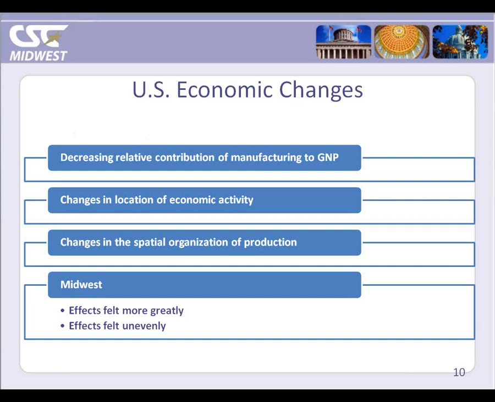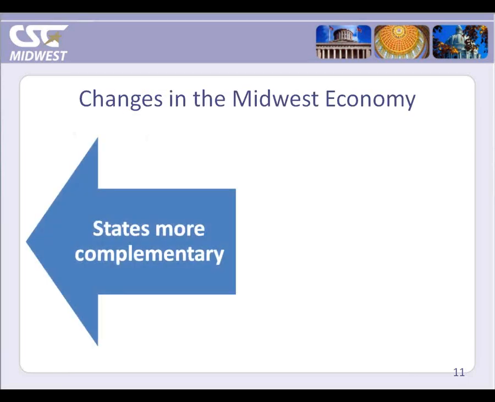And in the Midwest, these effects have been much more profound because this was the economic engine, this was the center of manufacturing, and the losses of those manufacturing jobs have been really profound in terms of their impact on the economy.